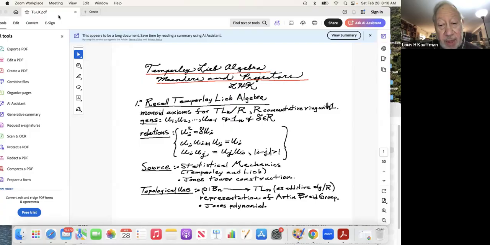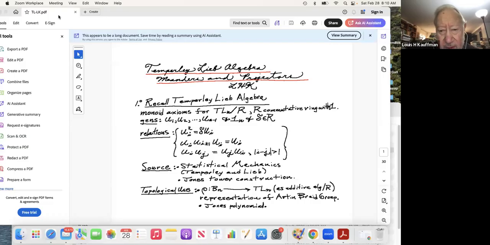The relations in the algebra are by definition that Ui squared is delta Ui, UiUjUi is equal to Ui if j differs from i by 1, and UiUj is equal to UjUi if the difference is greater than 1.